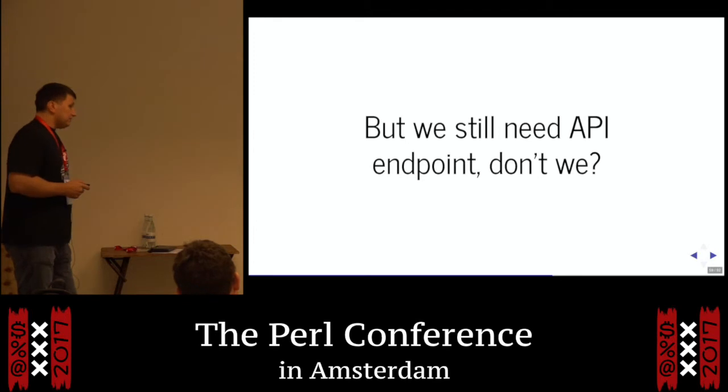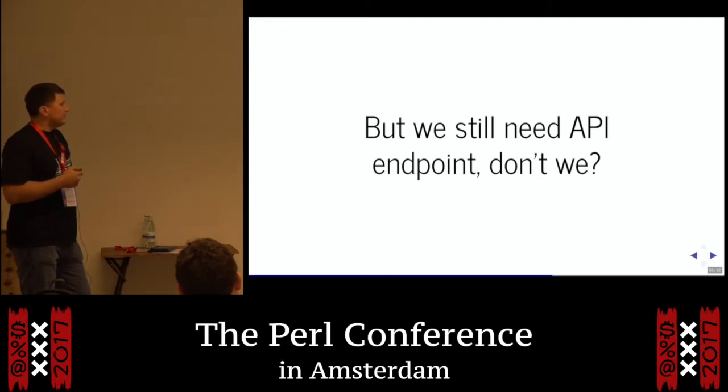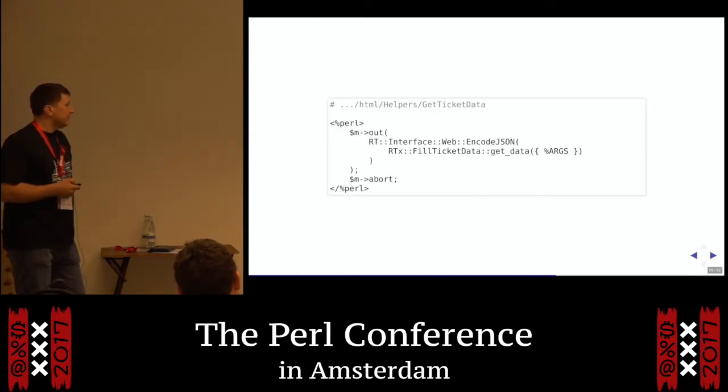So, okay, we have a button and JavaScript code. What we need to add is an API endpoint, which will provide values of custom fields, find the key one, and get the data from the sources.